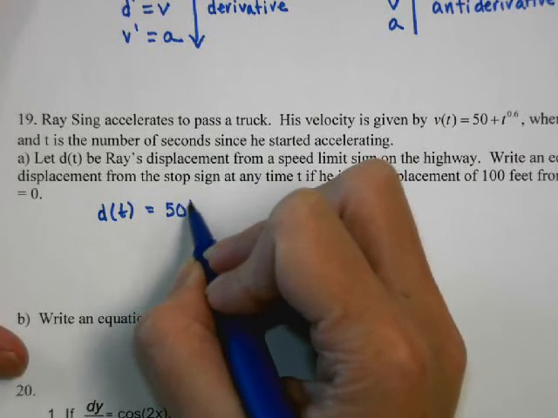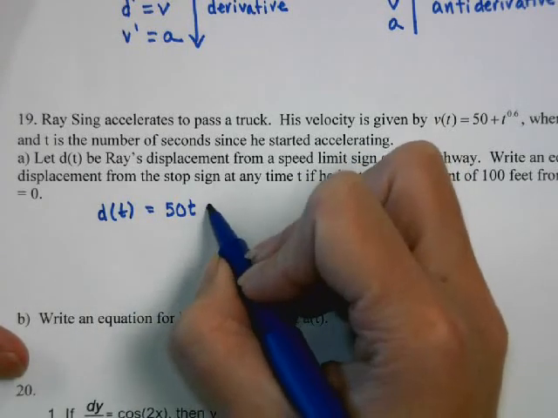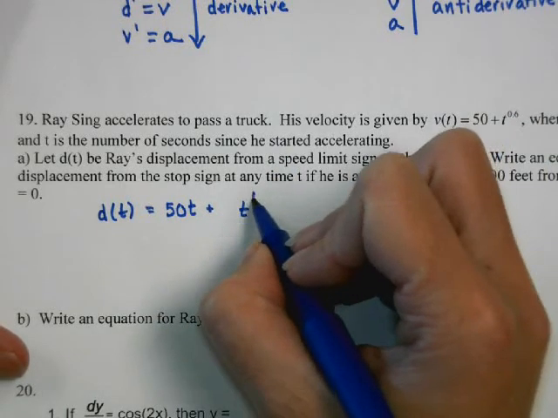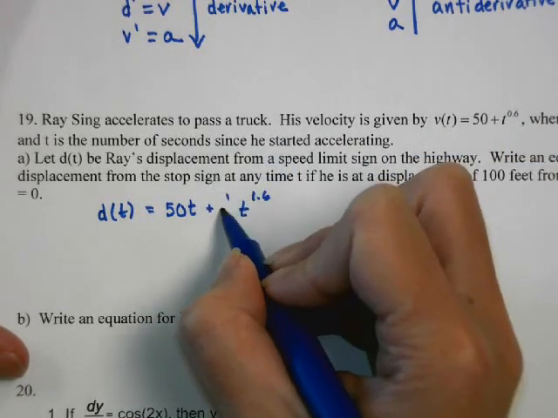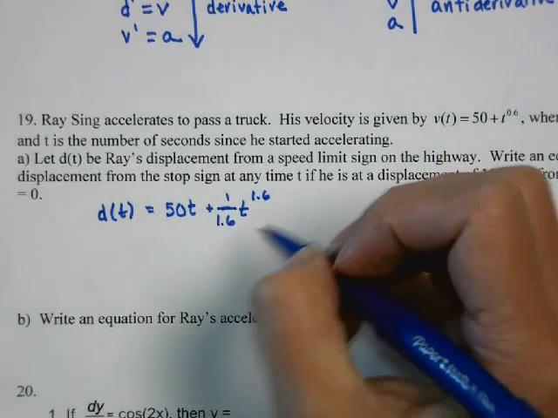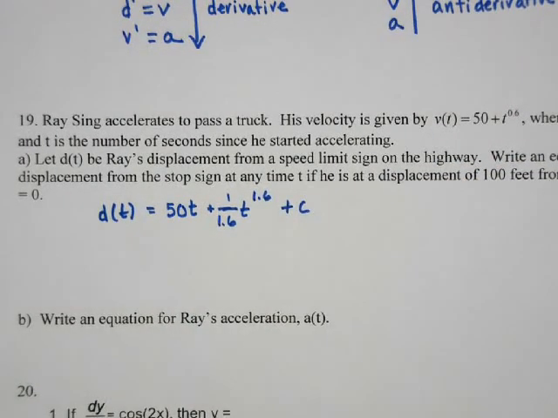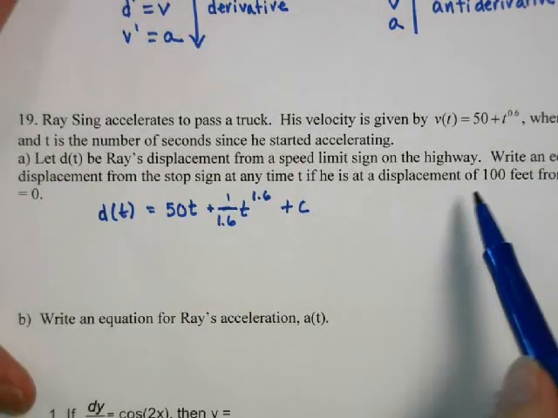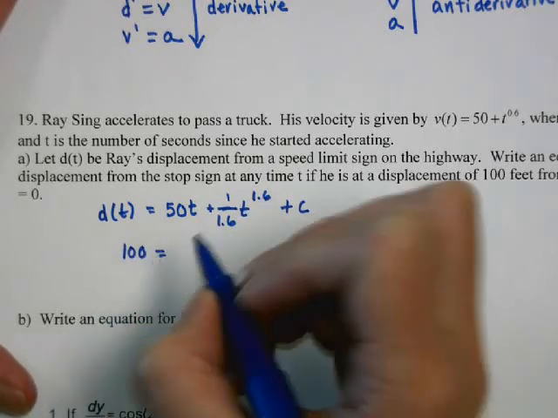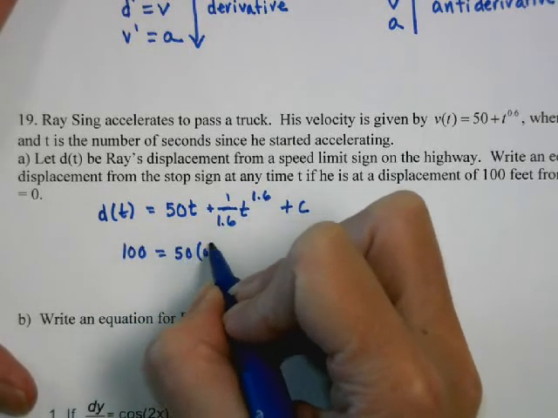So this is going to be 50t plus, I'm going to add 1 to the 0.6, so that's going to be 1.6, and then I'm going to divide by that value, plus our constant. And for that, our particular solution, our displacement is 100 when my t is 0.